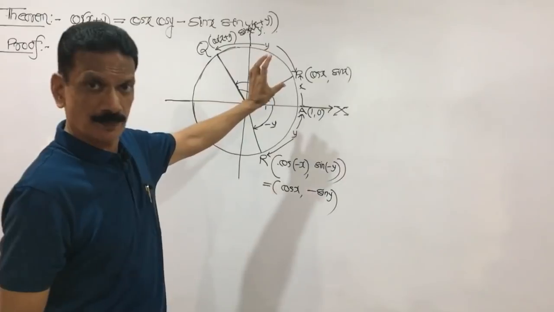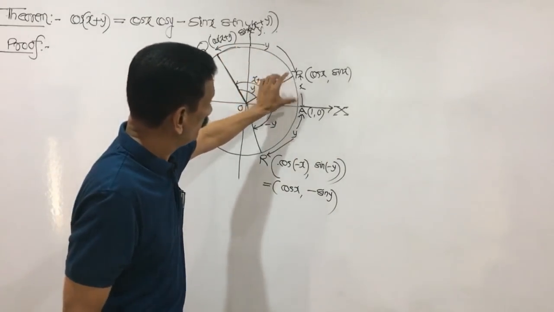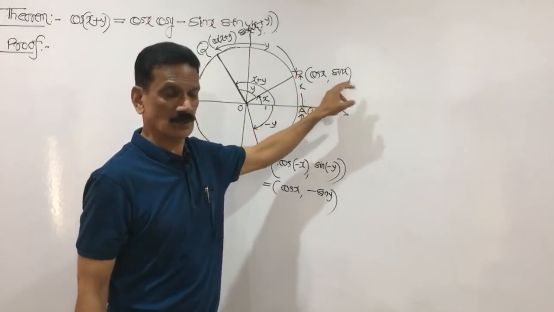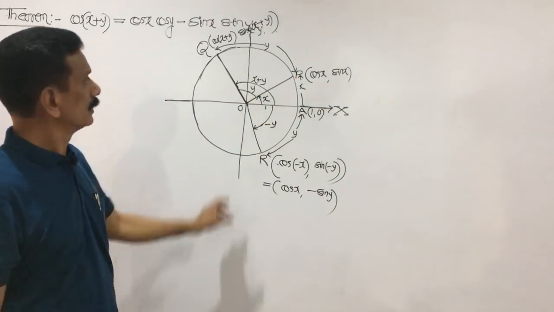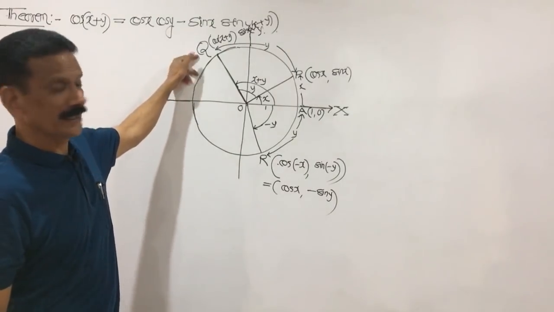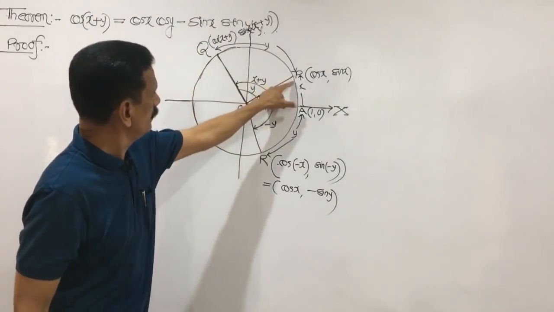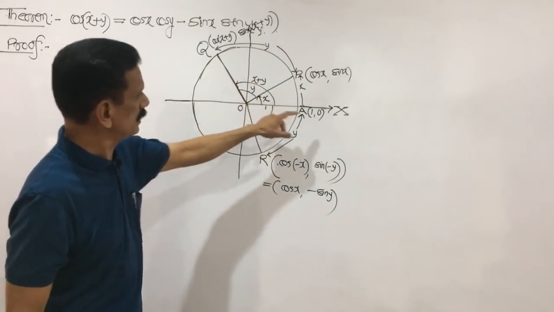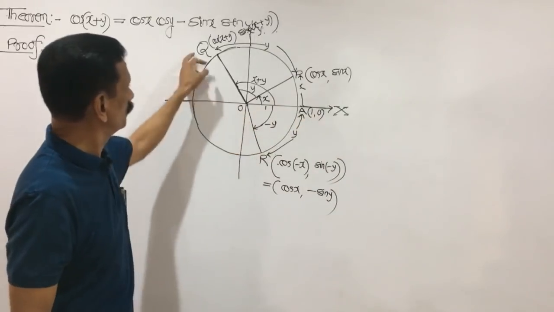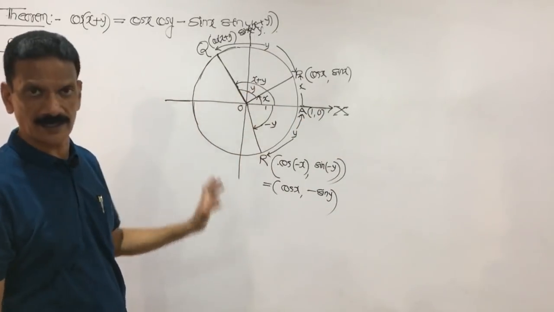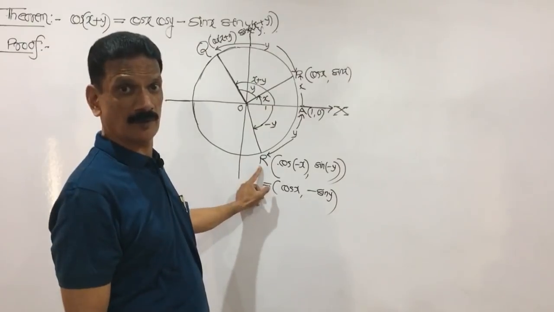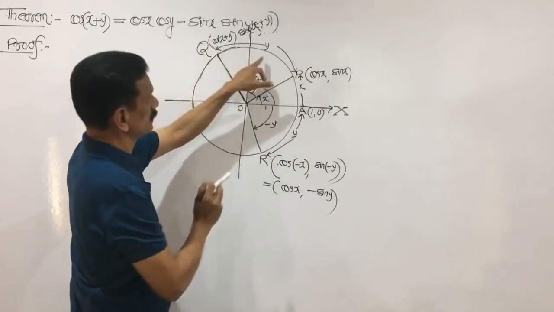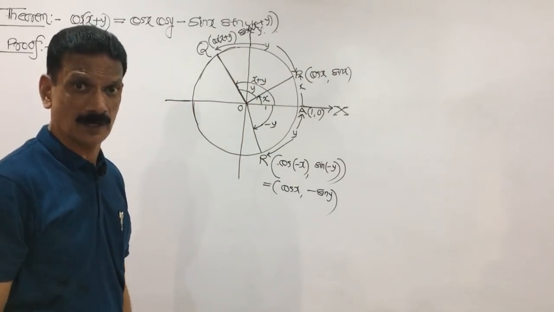We have taken a point P on the circle so that arc AP is x, so the coordinates of the point P become cos x, sin x, because this angle is x. We have taken another point Q so that arc PQ is y, meaning angle POQ is nothing but y, and angle XOQ is nothing but x plus y. R is another point we have taken on the circle so that arc AR is the same as arc PQ, which is y.